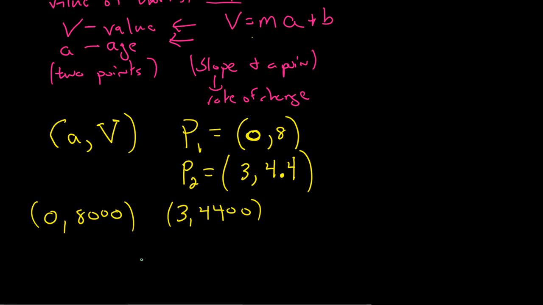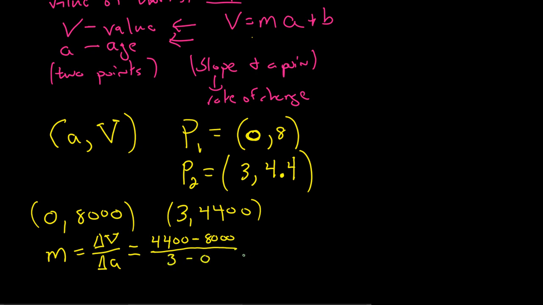Well, I need a slope. I need a rate of change. So my rate of change is my change in value over my change in age. So that's the second value, 4,400, minus the initial value, 8,000, over my age minus my initial age. This is why I'm so happy we have calculators.